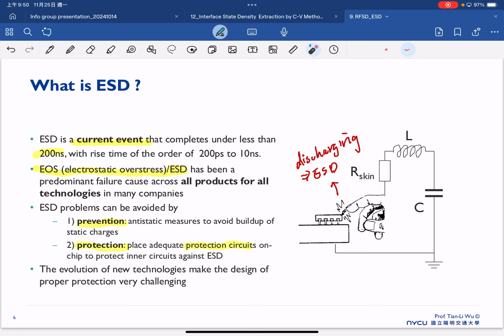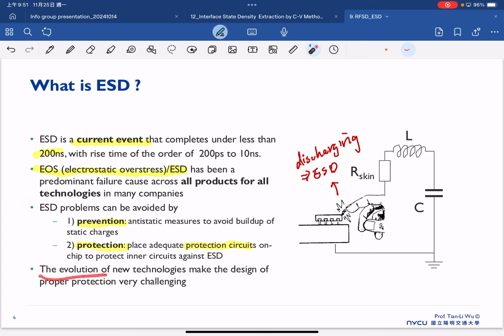So we want a protection circuit that makes sure this high current can flow away without going into our core IC. So we design this protection circuit so that the high current can flow away without entering the IC that provides the functions.